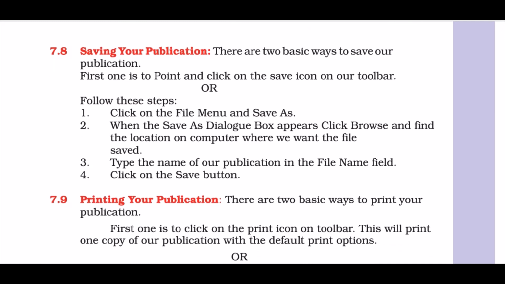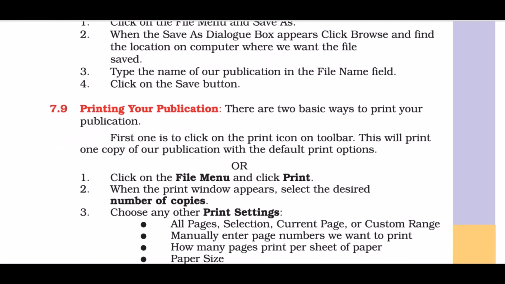Saving your publication. You want to send your file somewhere for mass publication like newspapers or visiting cards in the thousands, so you have to save your file and send it to the requested user. Printing your publication, now this is the last step of publication.